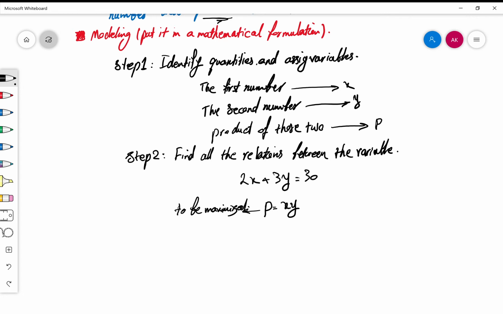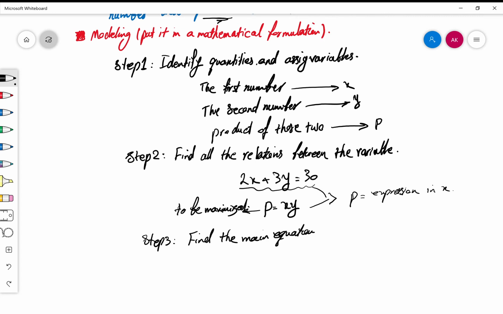We can use the second equation, combine these two, and write p as an expression of only one variable, let's say x. So we have to do that in step 3: find the main equation, the equation that we will maximize.